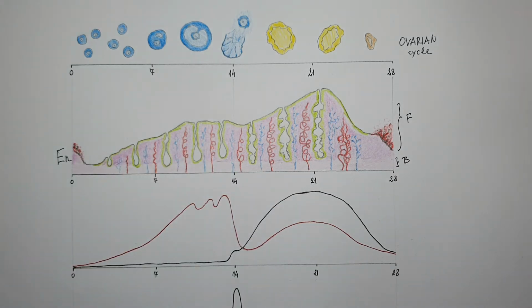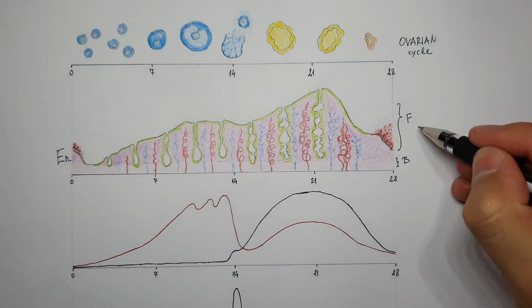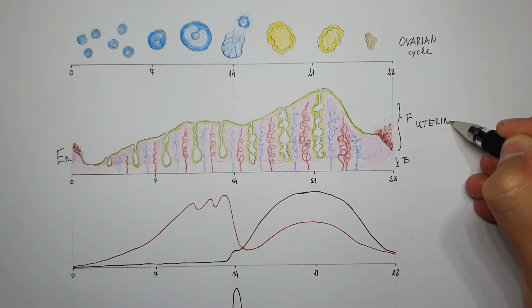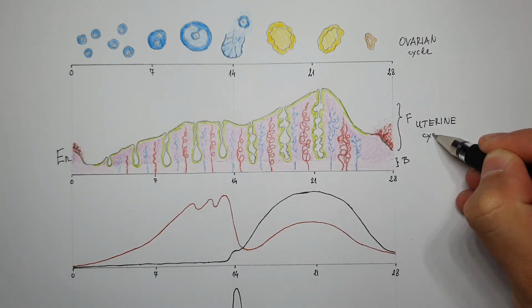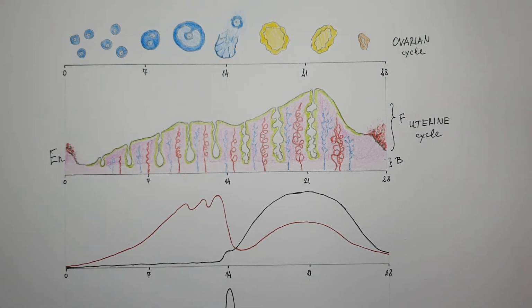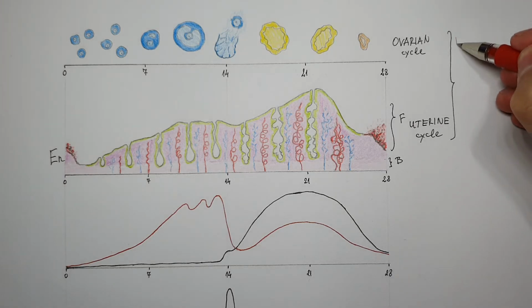Changes in the endometrium are called the uterine cycle. So together, the ovarian and the uterine cycle and all the hormones that are produced make up the menstrual cycle.